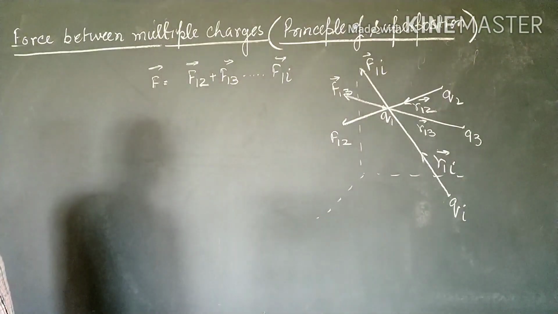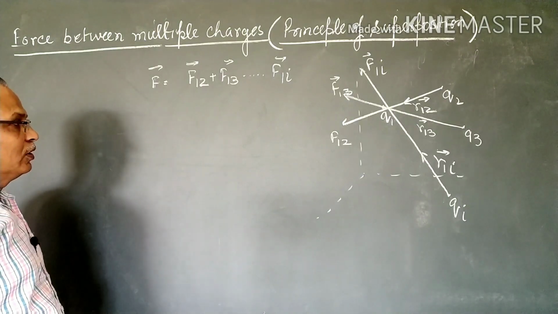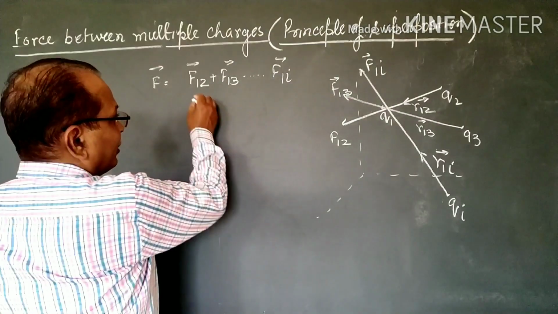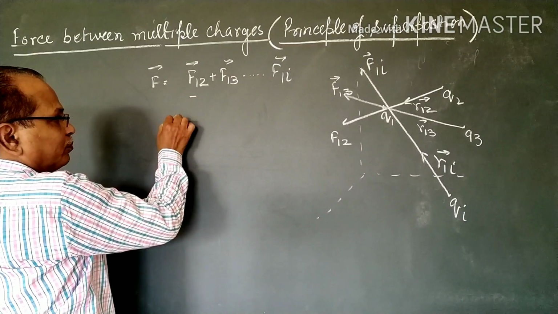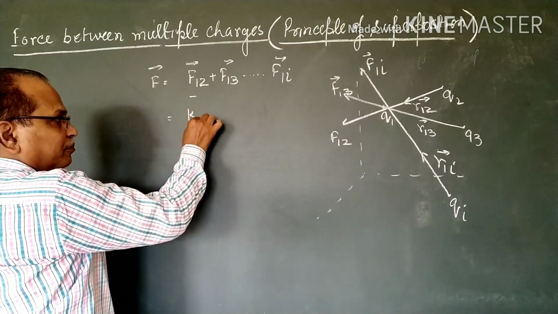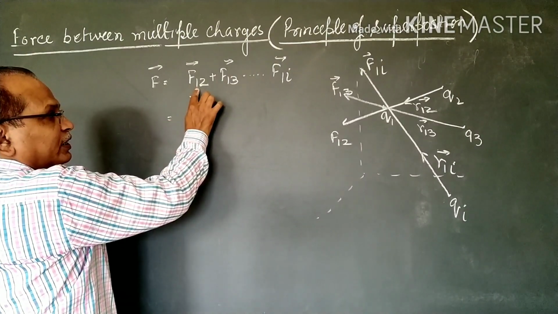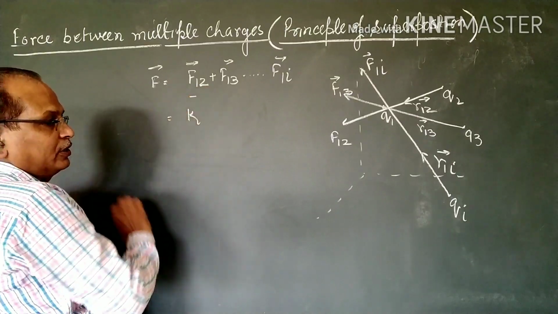Now, if we use Coulomb's law for representing F12, it will be K. It is between the first and the second charge.